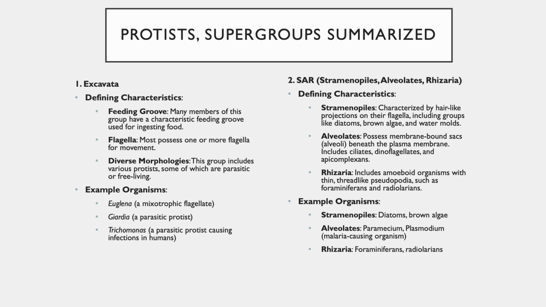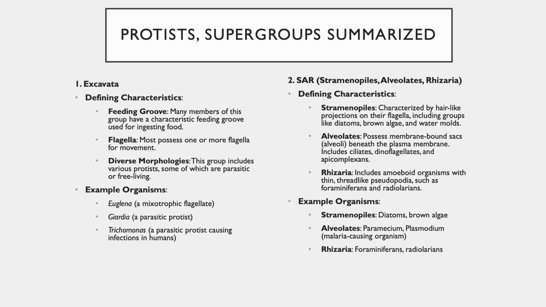They also have diverse morphologies, some of them living inside of other organisms or feeding on other organisms as parasites, or they can be free living as well. Some examples include Euglena, Giardia, and Trichomonas, which most of you probably looked at, Euglena and Trichomonas. Trichomonas is a sexually transmitted infection. Many of you viewed them under the microscope last week.